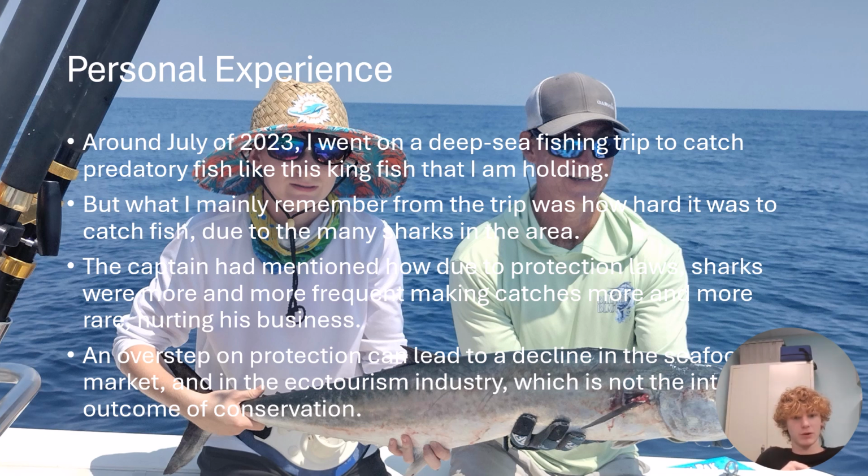So the captain mentioned how, due to protection laws and how protected sharks are, there are so many of them that it makes it hard for his business to take off because they can't really catch any fish. So because of this, the ecotourism industry and fishing as well have declined because of these conservation efforts.